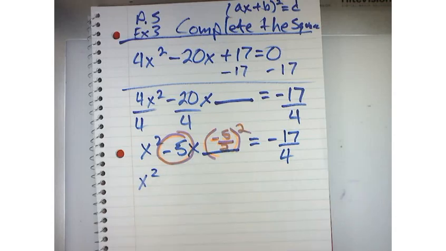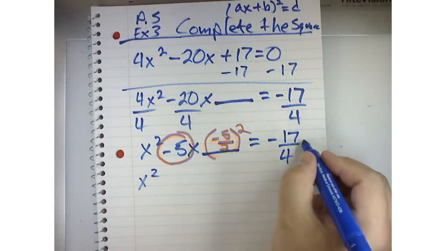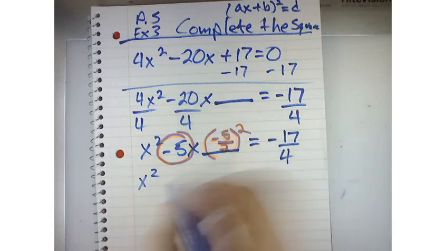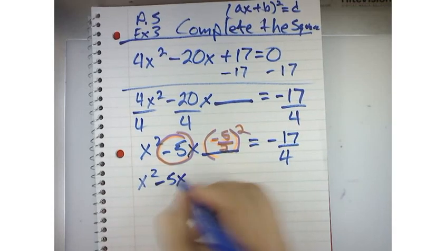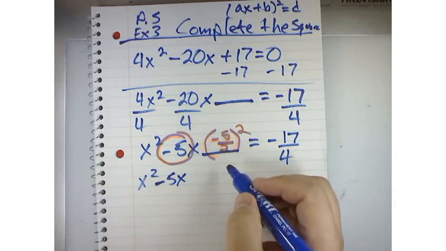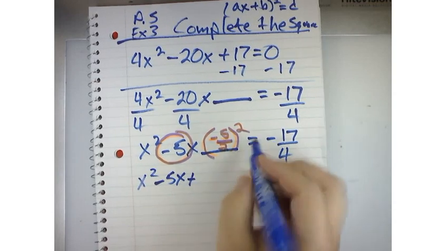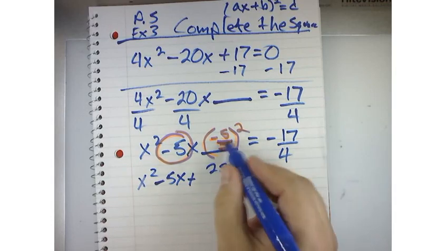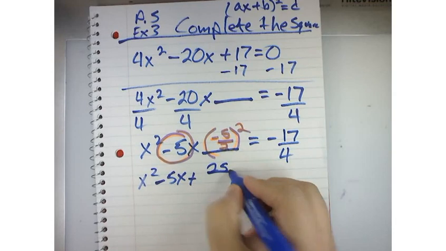But remember, whatever I do on one side, I have to do on the other, okay? So when I square negative 5 over 2, a negative times a negative becomes a positive. What's 5 times 5? 25. What's 2 times 2? 4.